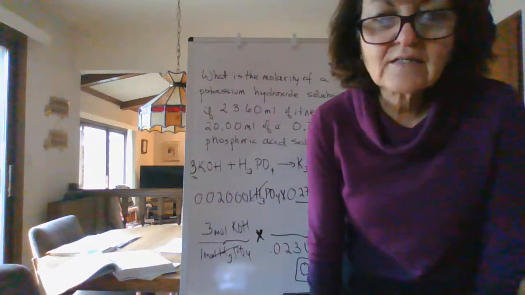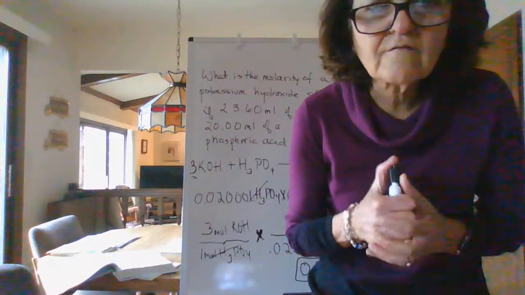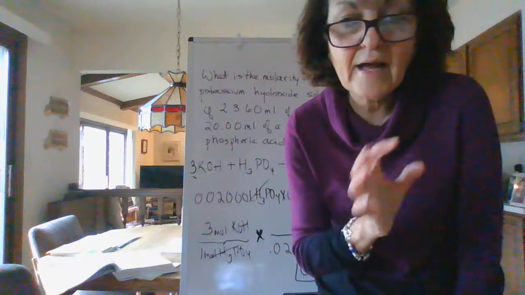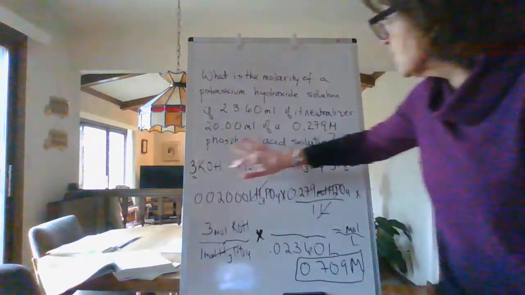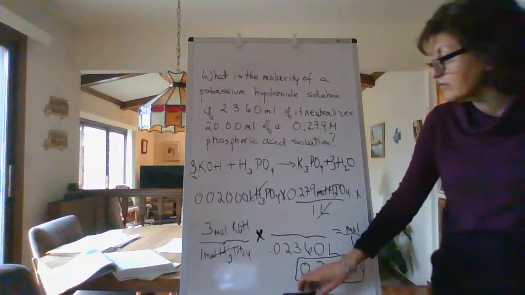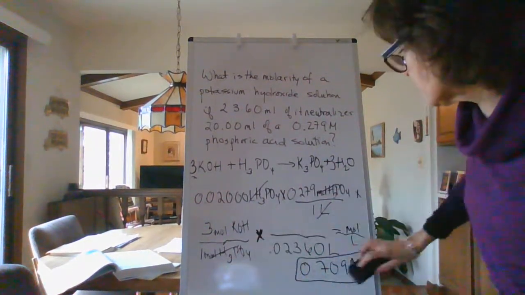Okay, that is how to do a titration problem that asks for molarity. If the problem asks for volume, it's all the same up to, where's the eraser? Oh, here it is. Up to this last bit right here.